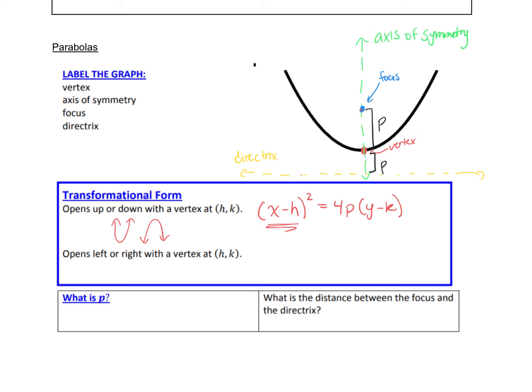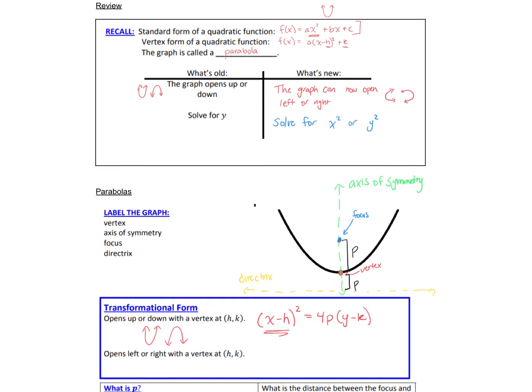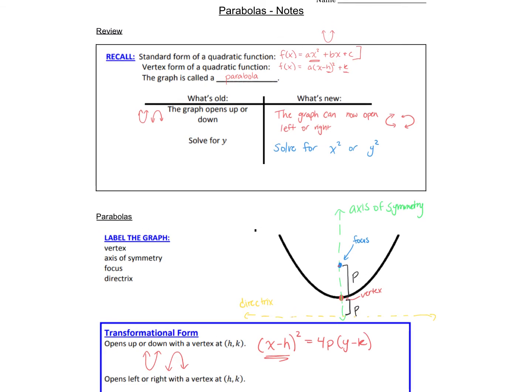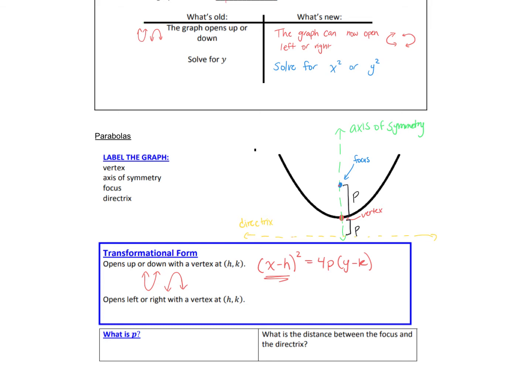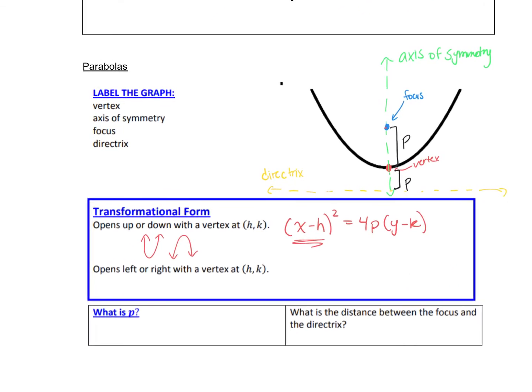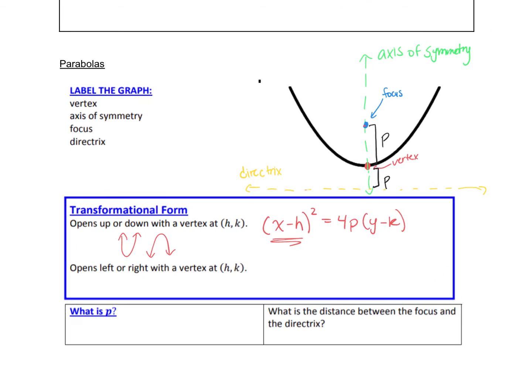If I look back up to our standard form of the equation, x is squared there too. This is quote unquote the normal one, where x is going to be squared. It opens up or down depending on if this 4p is positive or negative. And then the other important feature of this equation is h comma k.